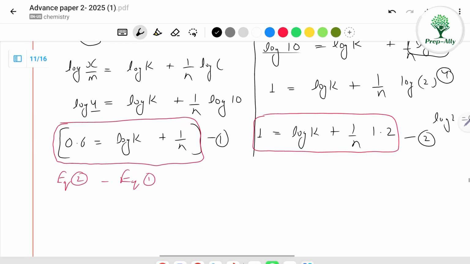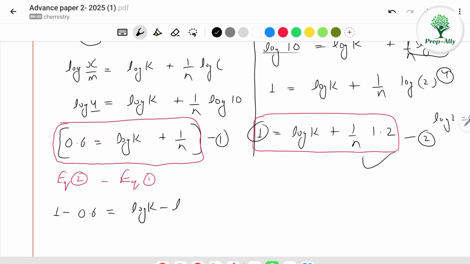So again, this is equation second. So LHS will be subtracted by LHS and RHS will be subtracted by RHS. So this is LHS, left hand side, 1 minus 0.6 is equal to log k minus log k, now 1 upon n plus 1 upon n multiplied by 1.2 minus 1 upon n.